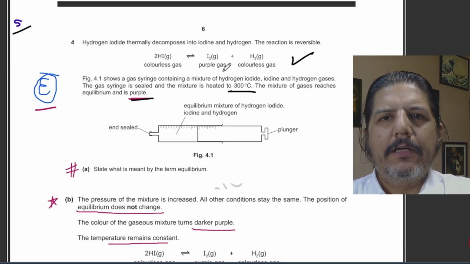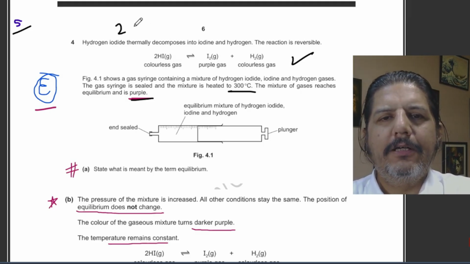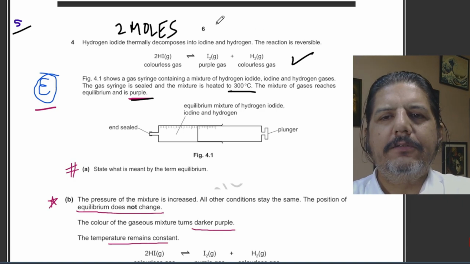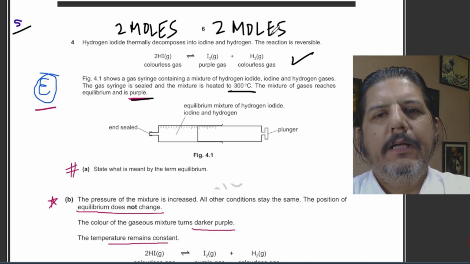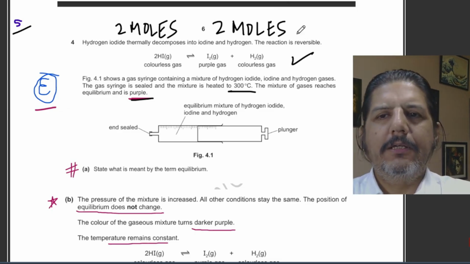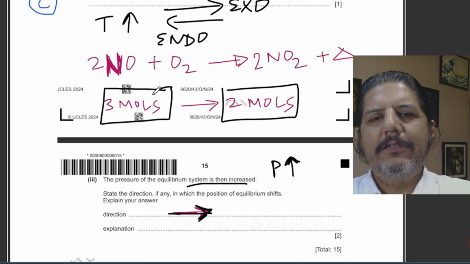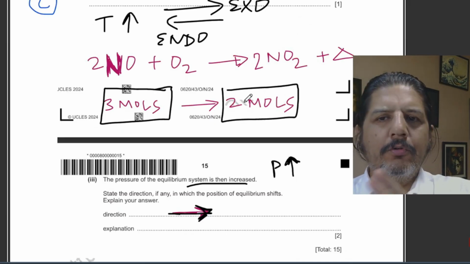Now, before I start the question, there's an interesting thing that you'll see: on the left hand side, we are dealing with 2 moles. On the right hand side, again, we are dealing with 2 moles. Now, this becomes interesting. In all the previous questions that we had seen in these PYQs, the number of moles on both sides differ.